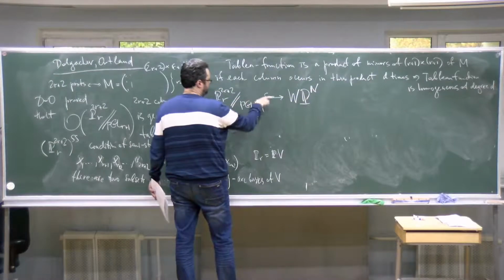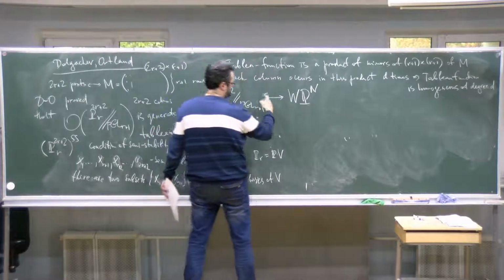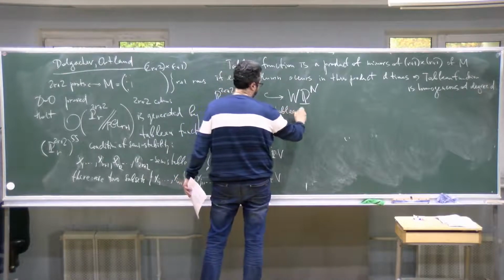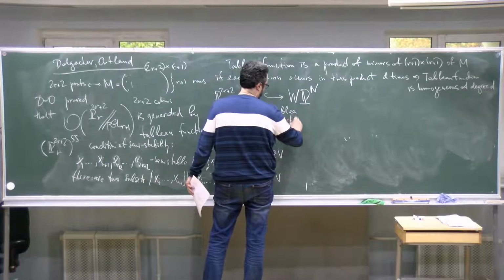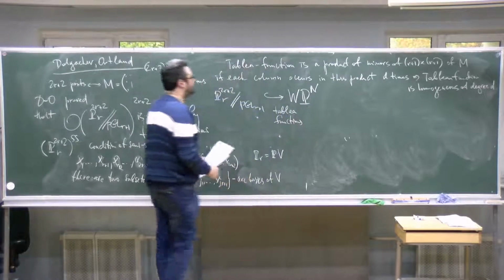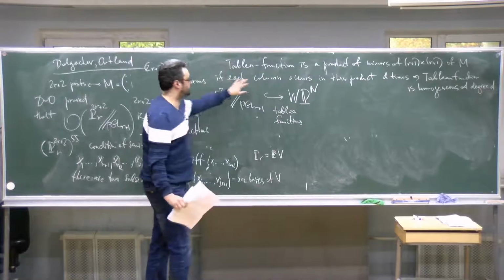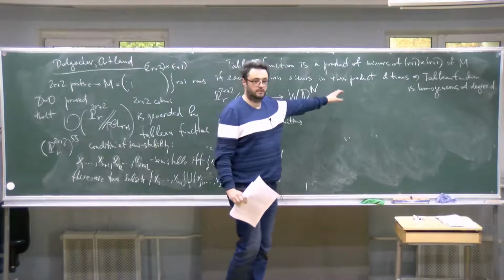This embedding is defined by a tableau function. What is a tableau function? It's a product of minors such that each column occurs the same number of times.